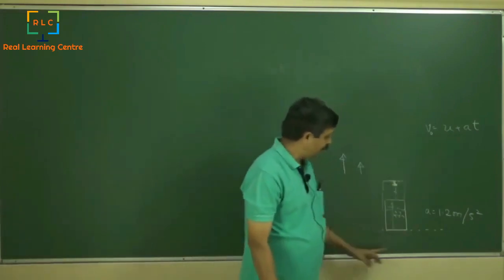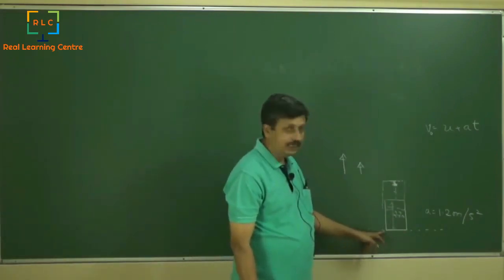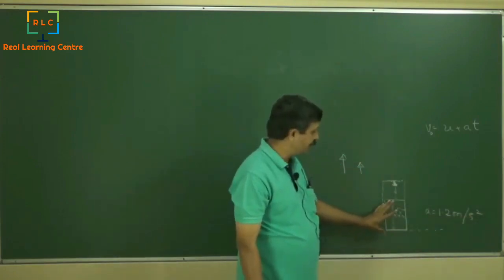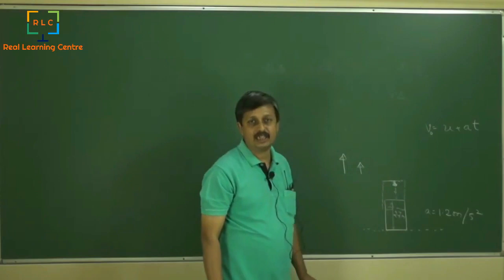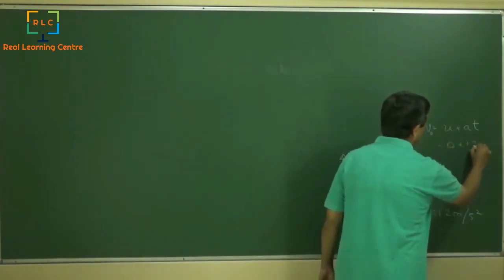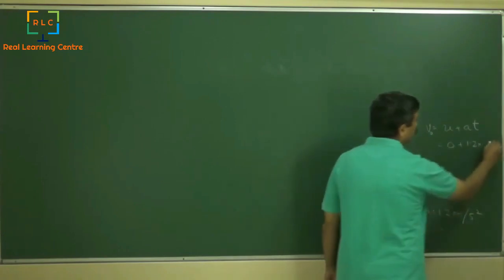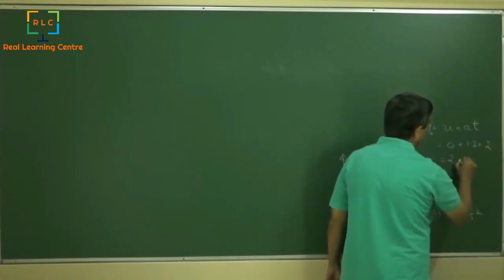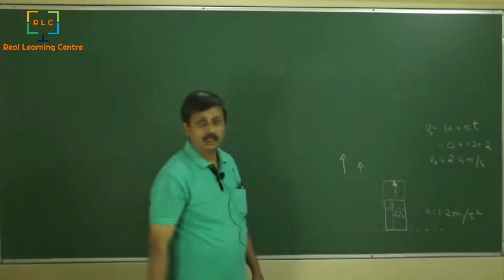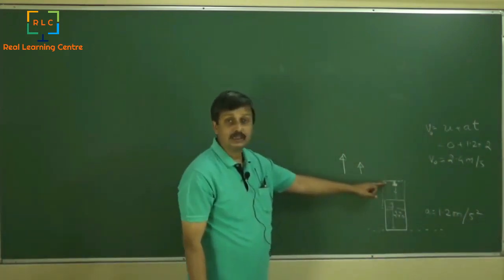And u is the velocity of the lift at the beginning, t is the time taken for that, and a is 1.2 meter per second square. How much velocity the lift has gained by the time it has reached that height, that much we can actually calculate here. 0 plus 1.2 into t is 2, okay, which is 2.4 meters per second. That is the velocity with which the bolt is going.